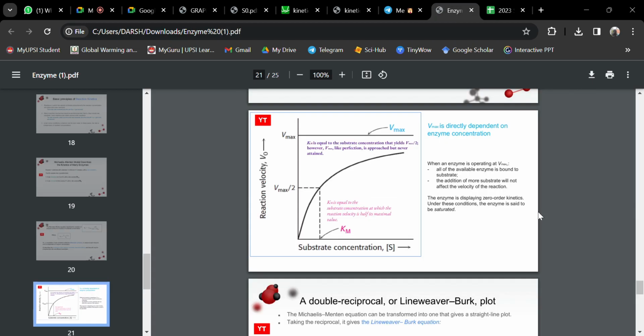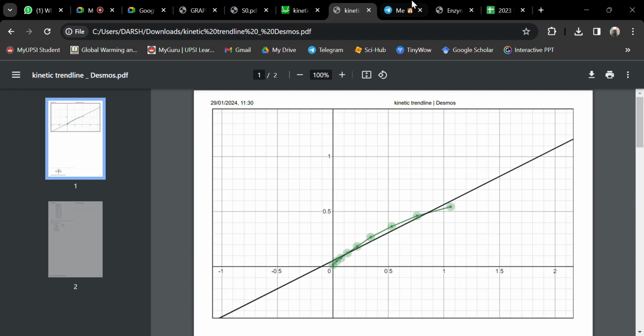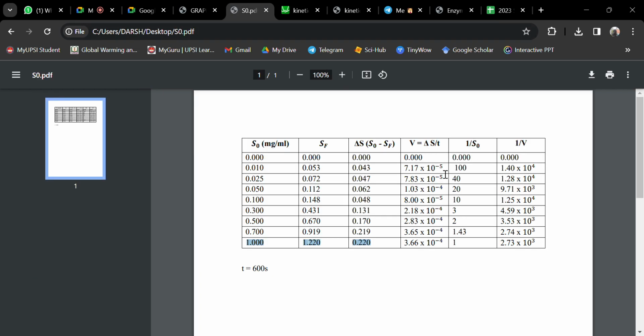V over S0 tu. Supposedly macam tu, the y-axis supposed to be your V max tadi tu. V tadi tu, V yang data S over. Itu data dia. V tu mesti over dengan S0 tu, substrate concentration tu.